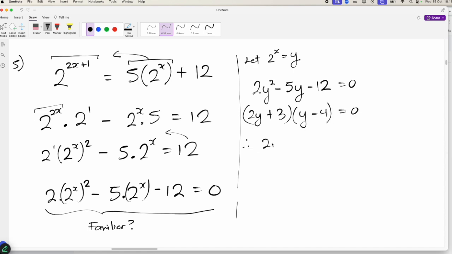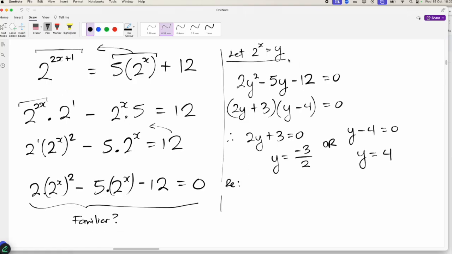Therefore, 2y plus 3 is equal to 0, and so y will be negative 3 on 2, or y minus 4 is equal to 0, so y will be positive 4.